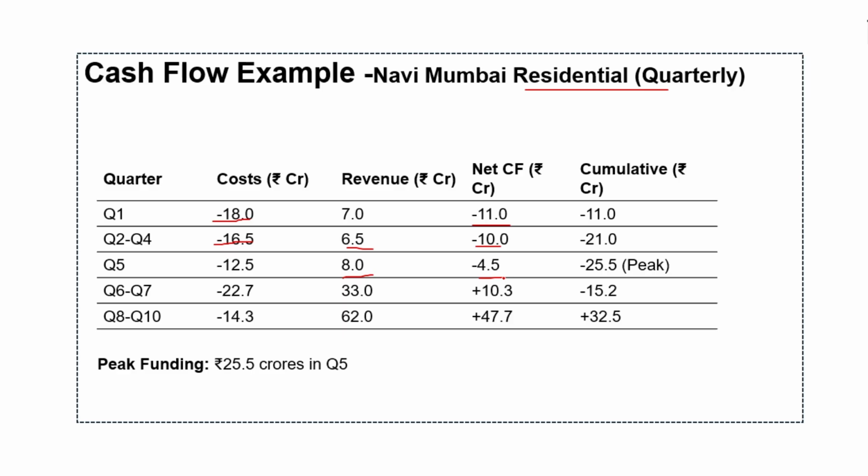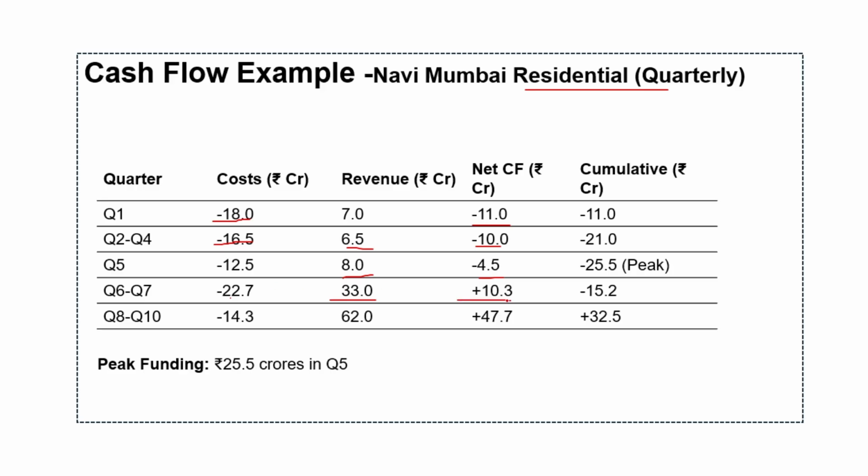and a peak cumulative negative position of 25.5 crores. Then Q6 to Q7 show improvement as major sales start recognizing revenue, and the cost is 22.7. But this time revenue is exceeding the cost and we are in the plus.